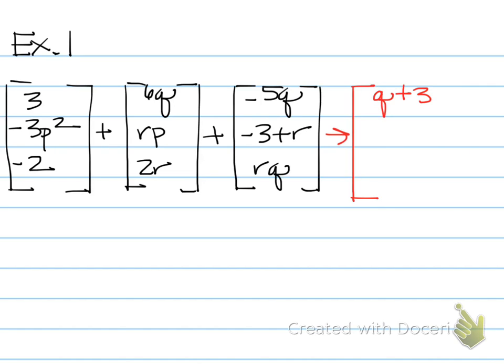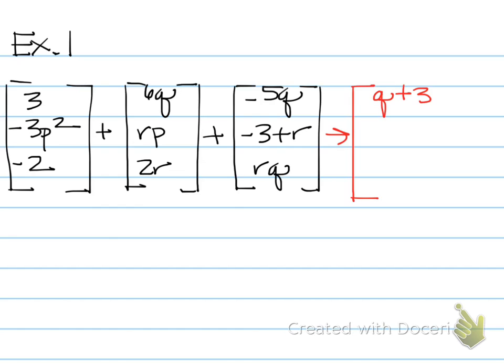Make sure that you write all of your expressions in descending exponential order. Make sure that your variables are in alphabetical order also. If you have more than one variable in each one of the terms, put the variables in alphabetical order, and you want your terms in descending exponential order.